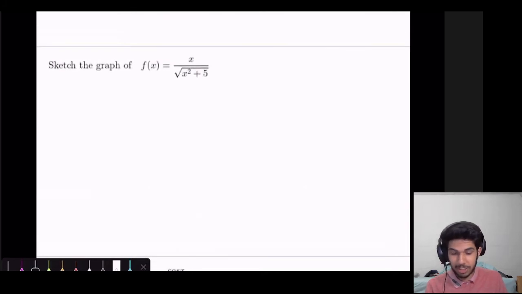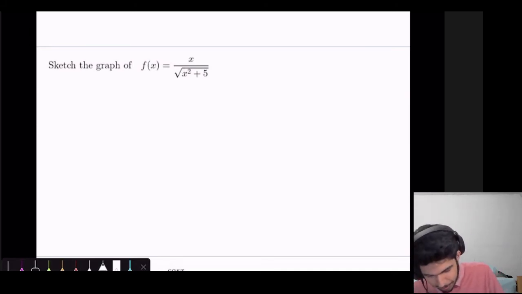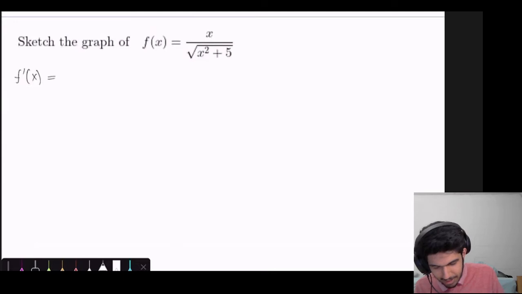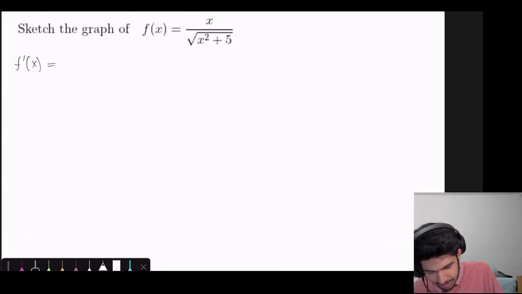So this is our next graph, a much more complex function. We have a square root term in the denominator. So the first step we did was compute f prime of x. So I'm sort of going to do this on the fly. We do the low times the derivative of the high, which is 1, plus the high times the derivative of the low.